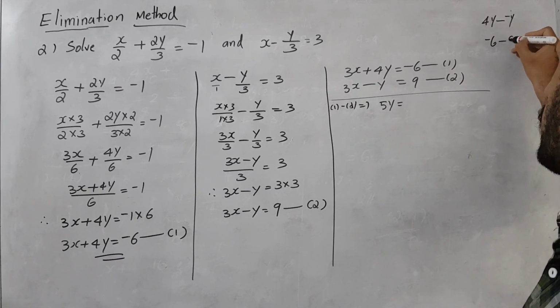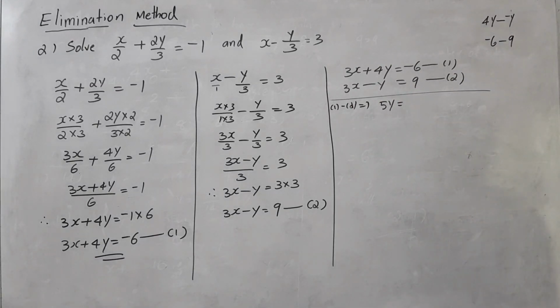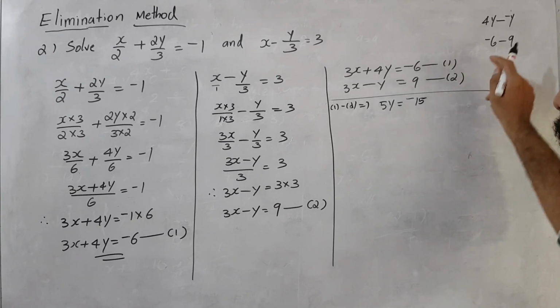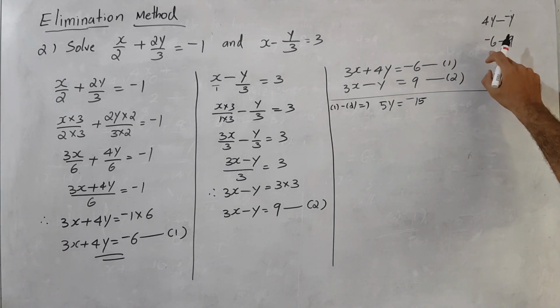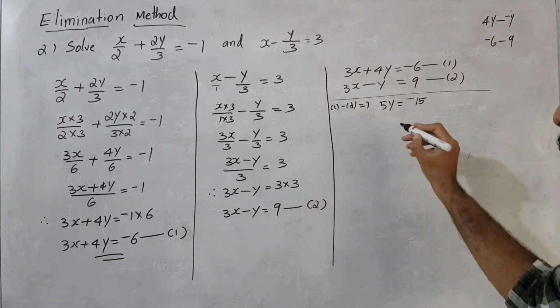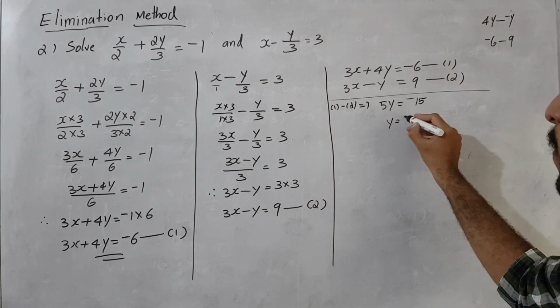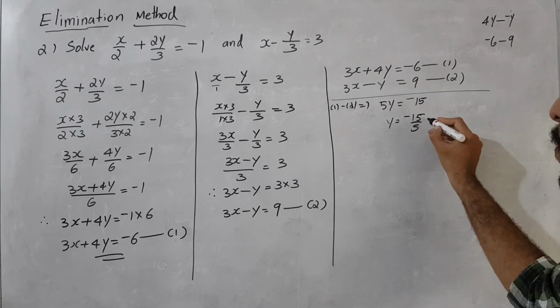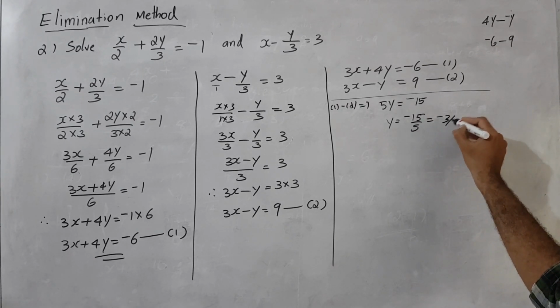What is minus 6 minus 9? Yes, that one is minus 15. Right? If both have the same sign in front, we add the numbers and give the same sign. Minus 15. Then therefore y is equal to minus 15 by 5 is equal to minus 3.